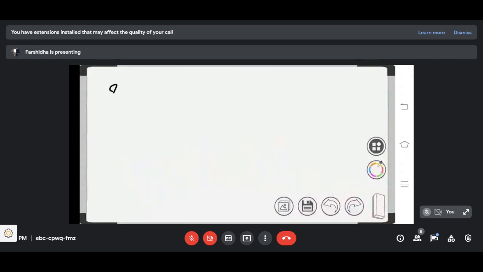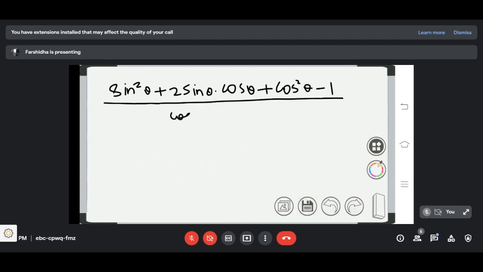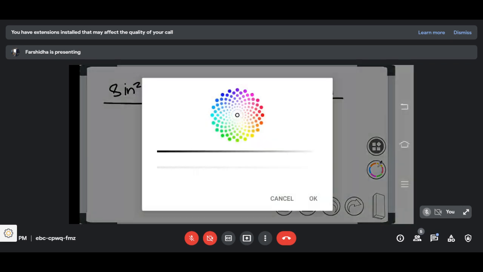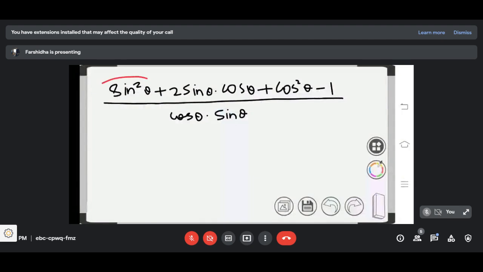Okay, so you got sine square theta plus 2 sine theta cos theta plus cos square theta minus 1, divided by cos theta into sine theta. So you can see sine square theta plus cos square theta.